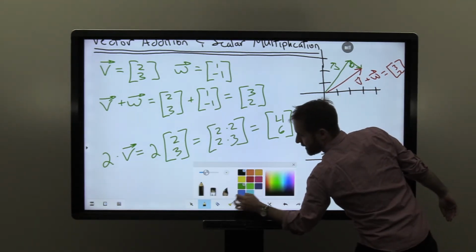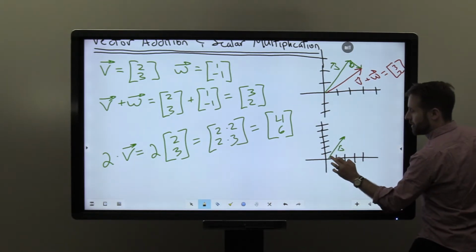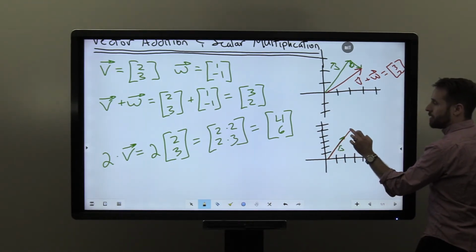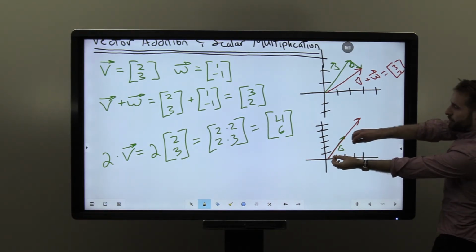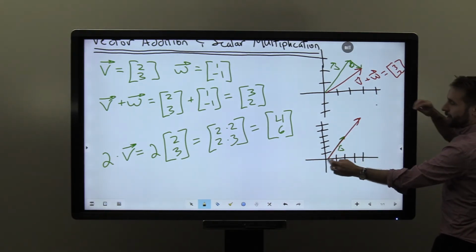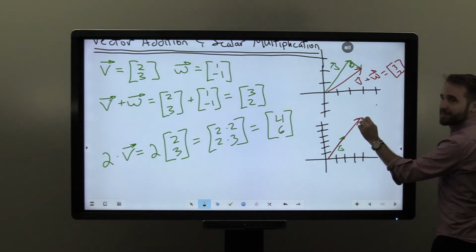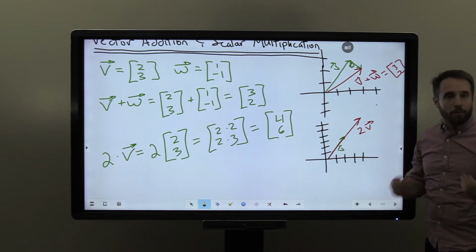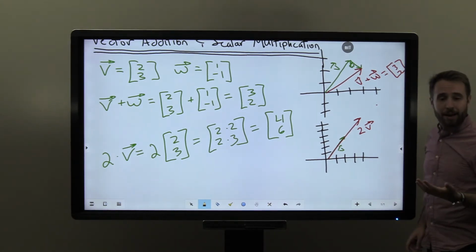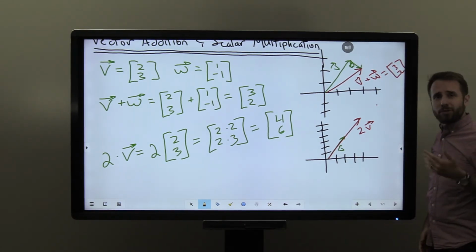And let's go to red for that. So 2v will be the vector that is v stretched by a factor of 2, and it will be at the point 4, 6, right up here. Notice that this allows some of our usual rules of algebra to work.